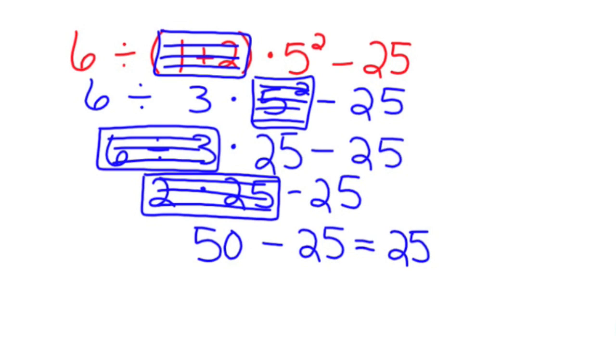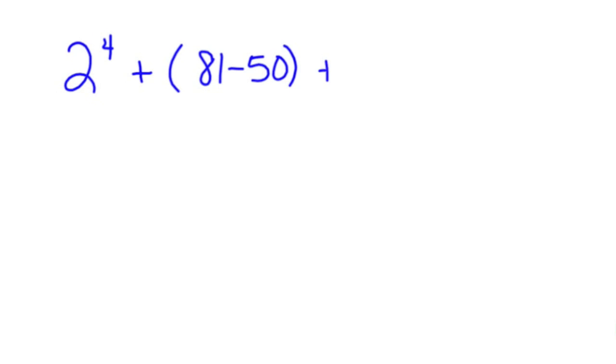Now we're going to go to the next expression. The next expression is going to be 2 to the 4th power plus the quantity 81 minus 50 and then plus 5.